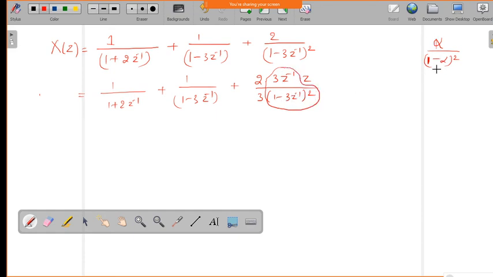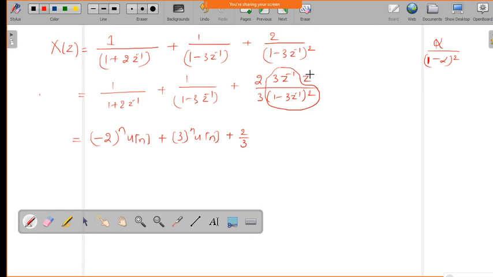Now this 3 z inverse over 1 minus 3 z inverse whole square has the alpha z inverse by 1 minus alpha z inverse whole square form, so we can express it in terms of x of n, that is, the inverse transform. If you take the inverse transform, you will get 2 power n into u of n, plus 3 power n into u of n, plus 2 by 3.